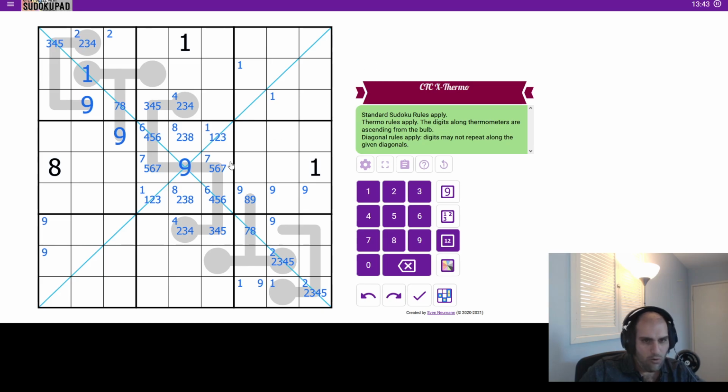Come on. Oh, that means there's no 6 in these two, so these are 5, 7. Okay. So one of these goes 4, 5, 6, the other one goes 2, 3, 4. There's no 4 here. So one of these starts with a 2, so this is not 2.